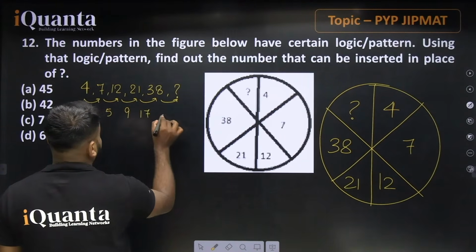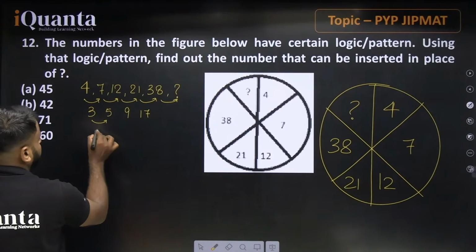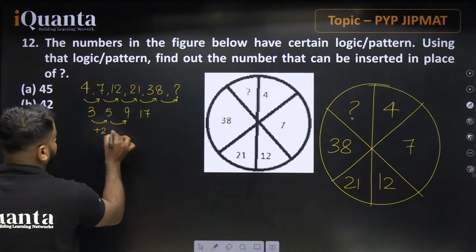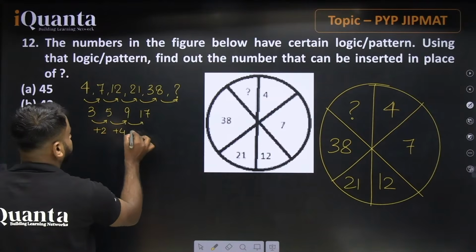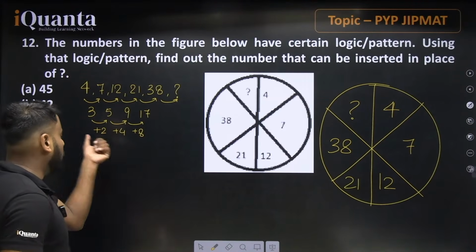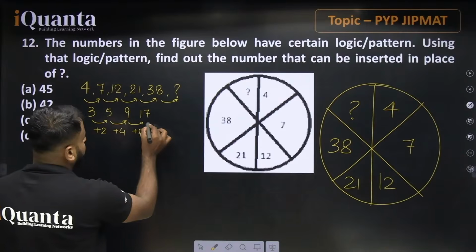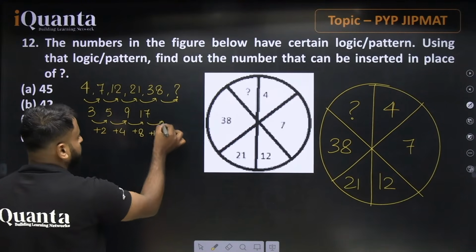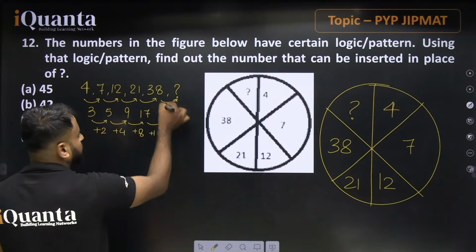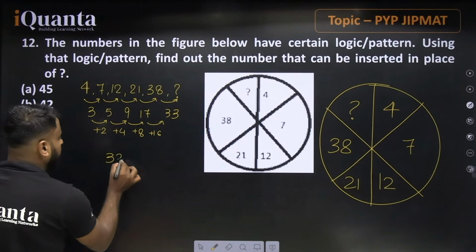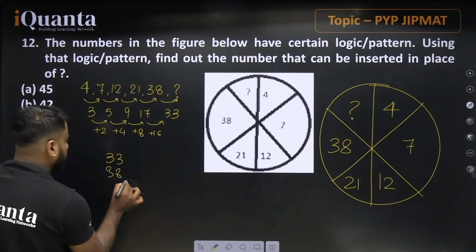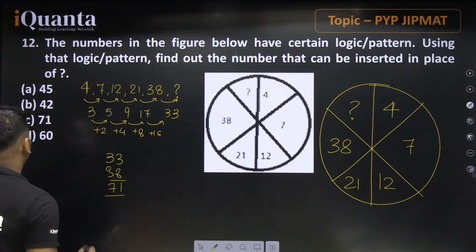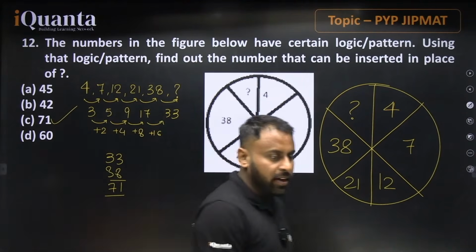If you further find the difference, the value is plus 2, here plus 4, here plus 8. These are the powers of 2: 2, 4, 8. So the next value you will add is 16. So 17 plus 16 is 33. If you add 38 plus 33, the value will be equal to 71. So 71 means option number C is the right answer, correct?